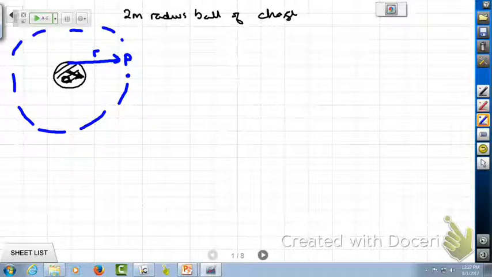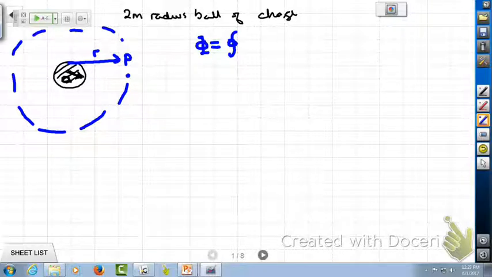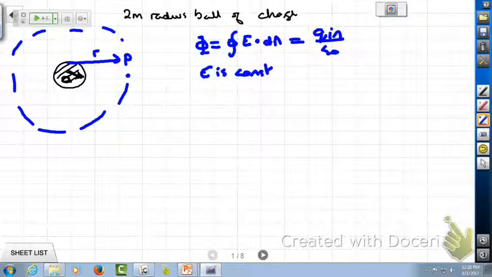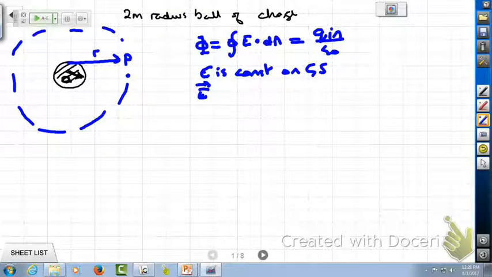And can you see how I would say, well, okay, flux is equal to the surface integral of E dot dA, which equals Q inside over epsilon naught. And E is constant on the Gaussian surface, and E is parallel to dA.